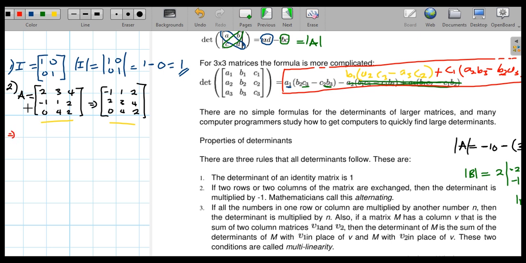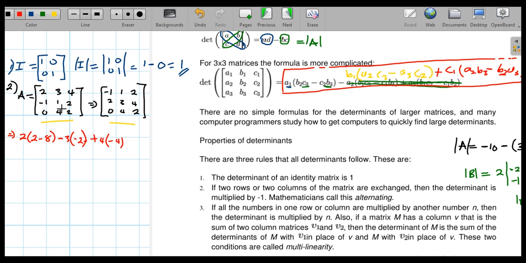To solve this matrix, we'll take 2, then 2 multiplying this: 1 times 2, which is 2, minus 4 times 2, which is 8. Then remember this is going to be minus 3 times minus 1 times 2, which is minus 2. Then we have 0 times 2, which is 0. Then we have plus 4 times minus 1 times 4.